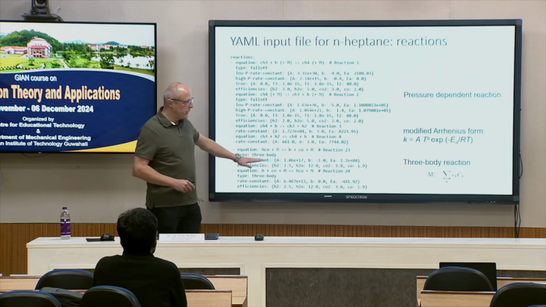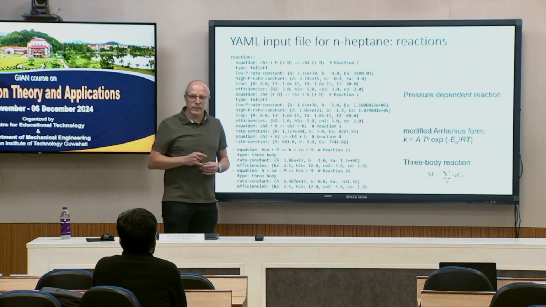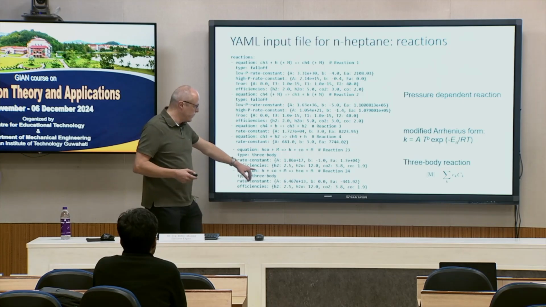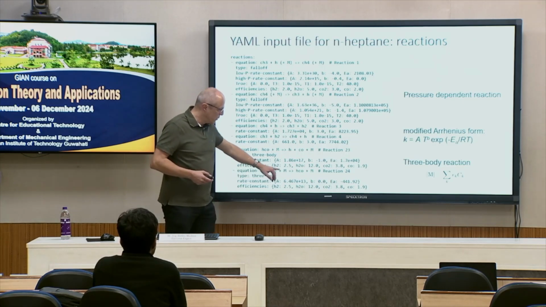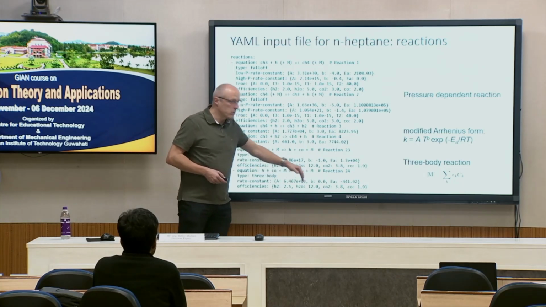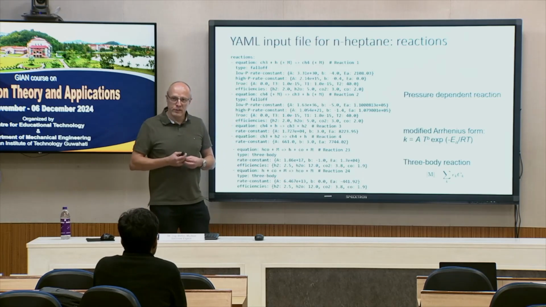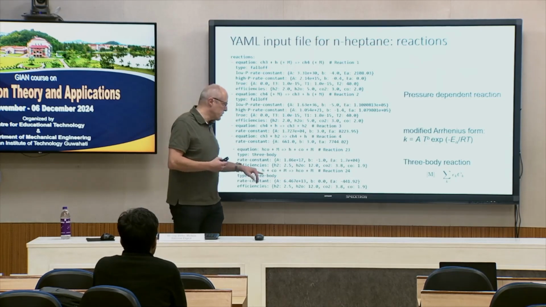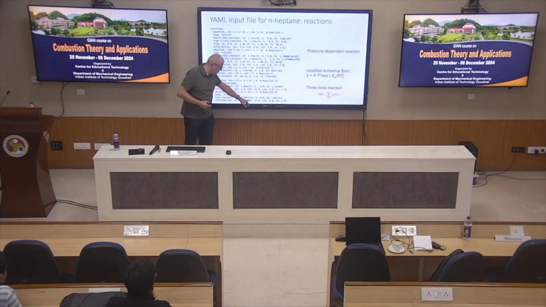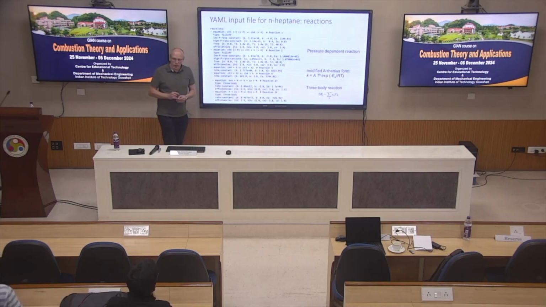Then we have 3-body reactions. You asked yesterday what this M means. Here we have it: H plus CO plus M, a colliding partner M, gives HCO plus the colliding partner. This does not change. It just takes part in the reaction, but it does not change. The colliding partners here can be H2, water, carbon dioxide and CO. You don't want to solve this equation for each of the colliding partners, so you sum them up.